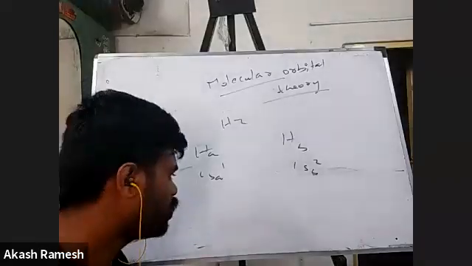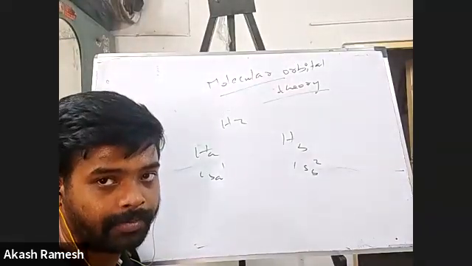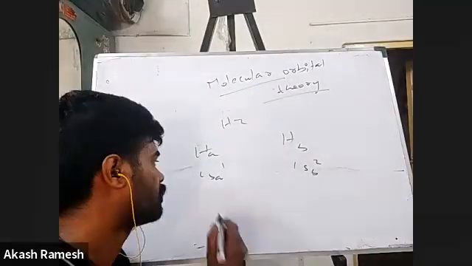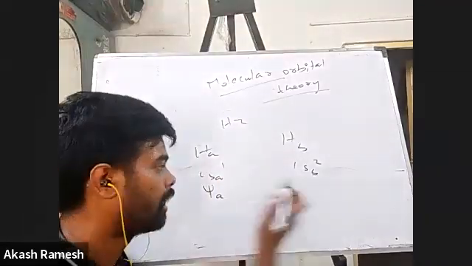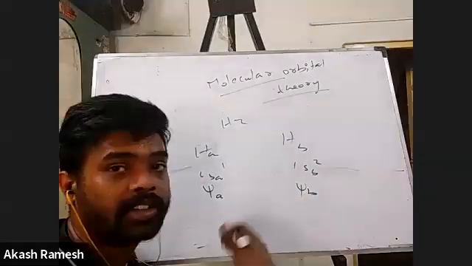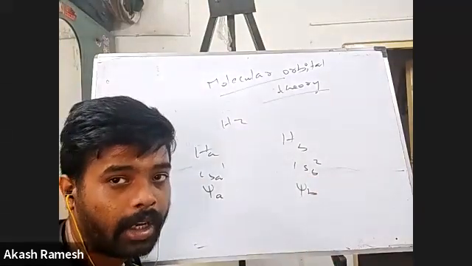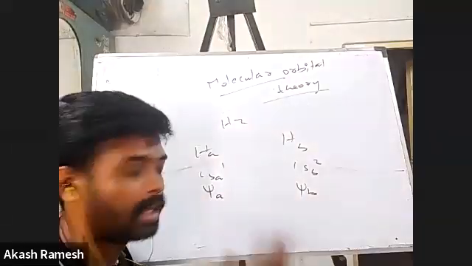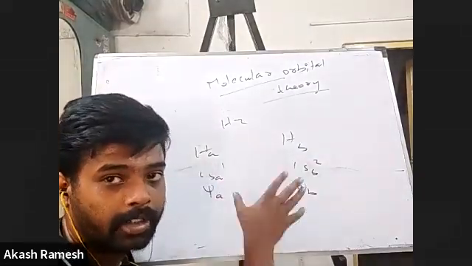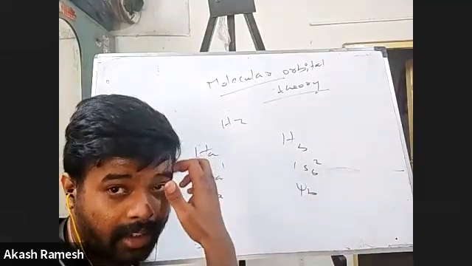Fine. So let me talk in terms of wave functions here, right? So now how can I put it? This will have a wave function of psi A, assuming, and say this will have a wave function of psi B, assuming. So now what is going to happen? Now they have to undergo interference, that means the waves corresponding to these two have to undergo interference, right?